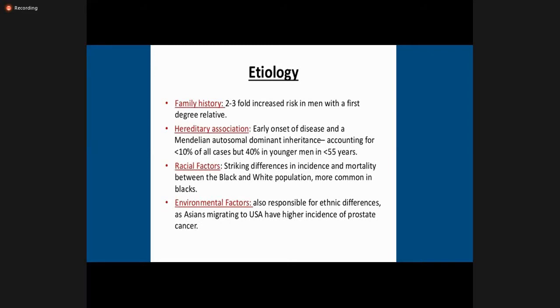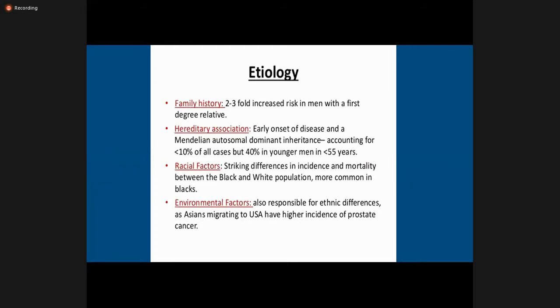It's more common in the Western countries, but as Asians migrate to the USA, they also have a higher incidence of prostate cancer. So probably the diet they usually take over there makes them more prone to this disease.